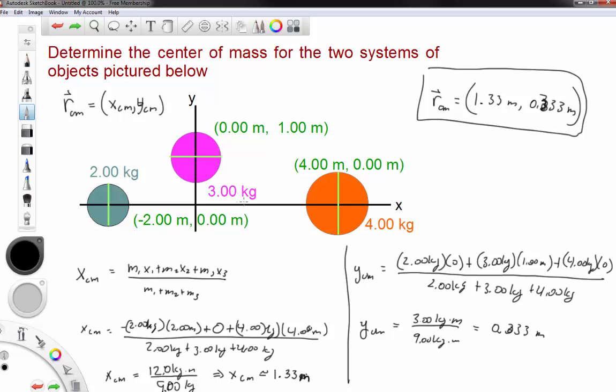That means that if we wanted to mark our center of mass position on here, roughly speaking, it would be somewhere in this region, where this right here is about 1.33, and therefore this is about 2.66, so a third of the way. And then this right here should be 0.33 versus 1.00. So it's about a third of the way up and a third of the way over.